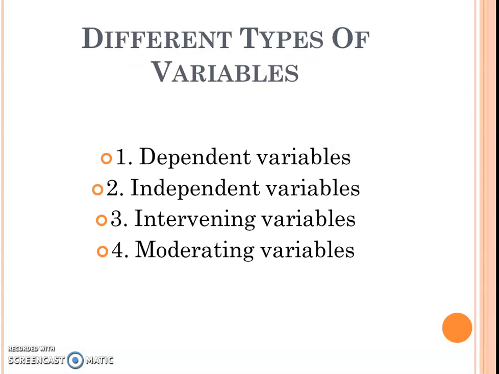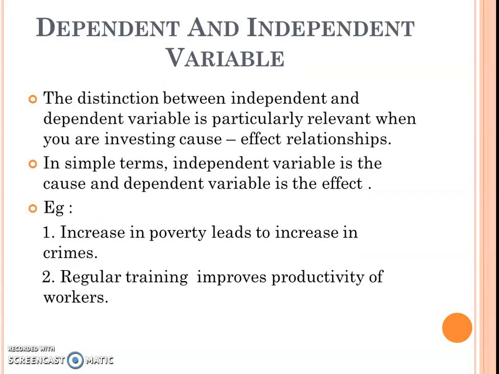Variables can be of different types. Mainly we can say four types of variable: dependent variable, independent variable, intervening variable, and moderating variable. The distinction between the independent and the dependent variable is particularly relevant when you are investigating a cause and effect relationship.